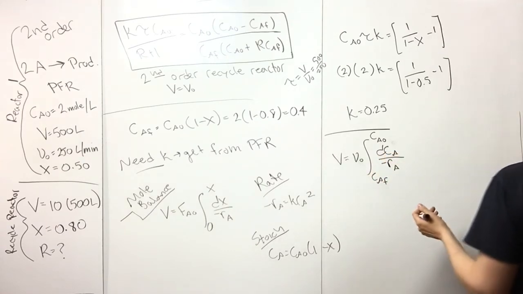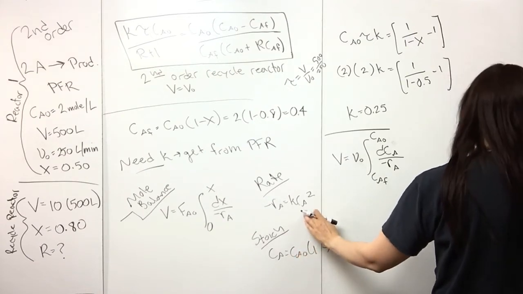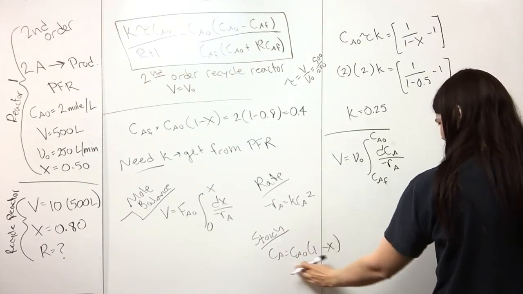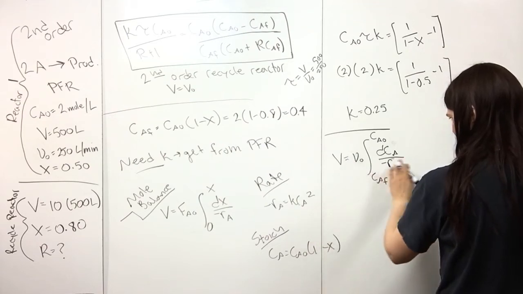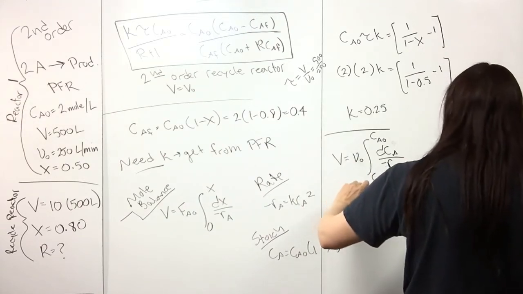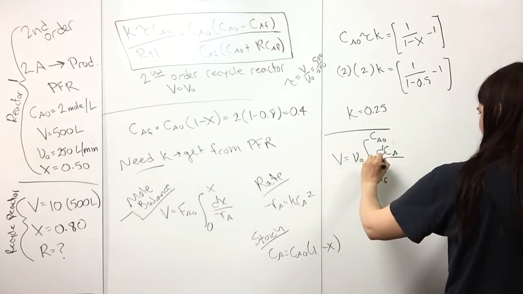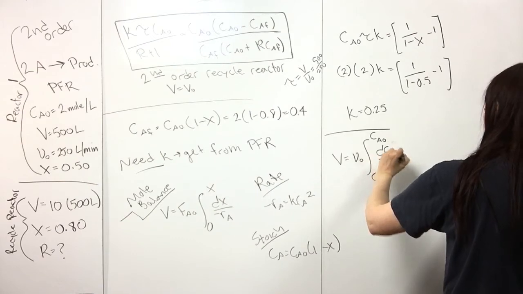And then using the exact same stuff, so the rate, and then we don't actually need this because we're integrating with respect to CA. I'll just plug the rate directly in, so k CA squared.